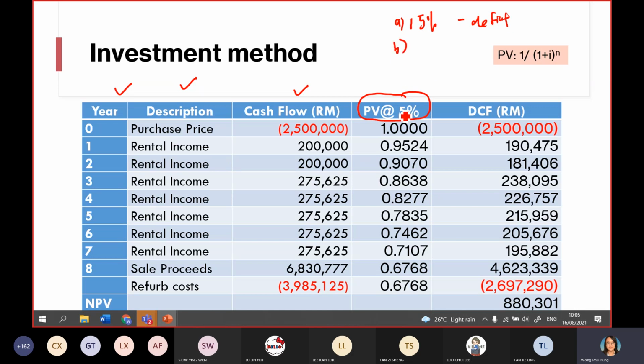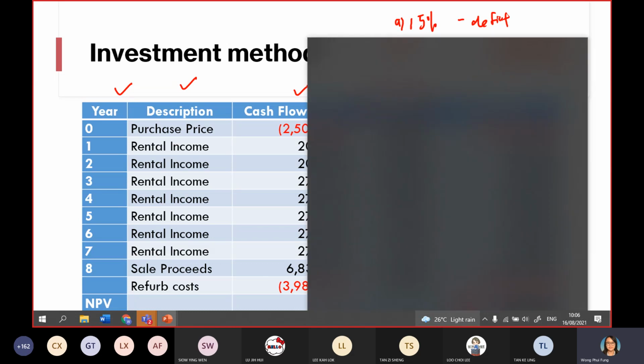So second chance, you can try any figure, as long as it is less than 15%. You can use 10%, 5%, 7%, 8%, as long as at the end you get surplus. I repeat again.